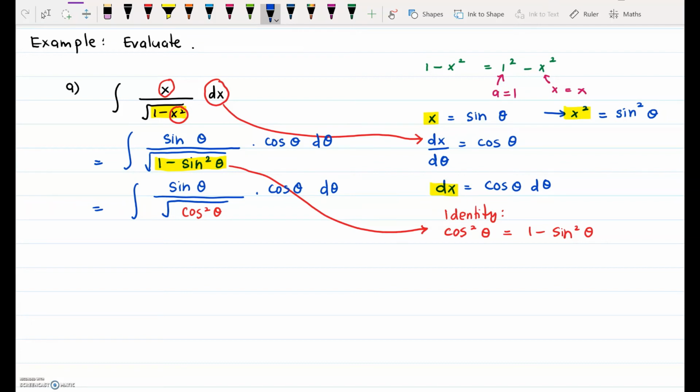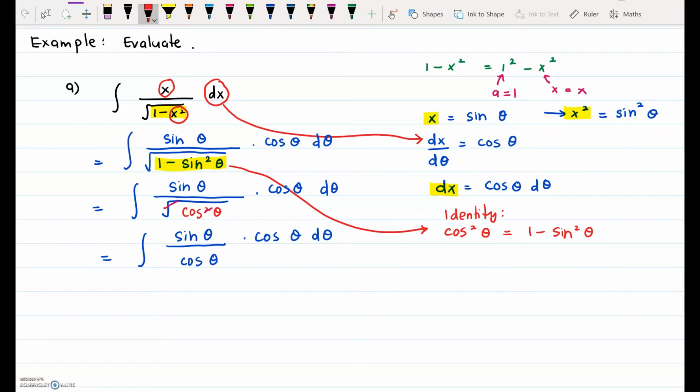Okay, next we will simplify. The square and the square root cancel, so now you will have the integration of sine theta over cos theta times cos theta d theta.